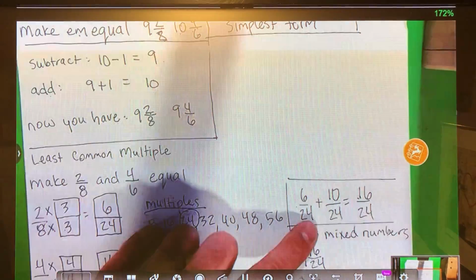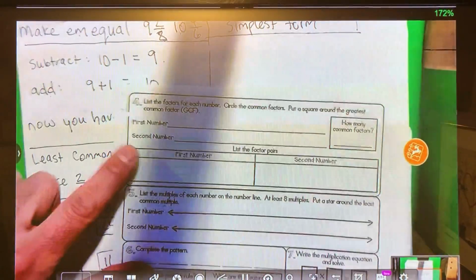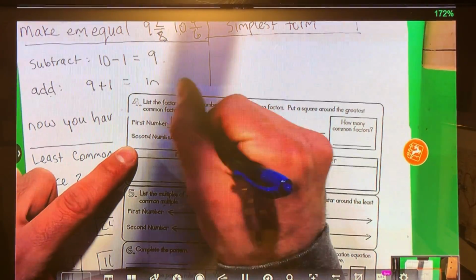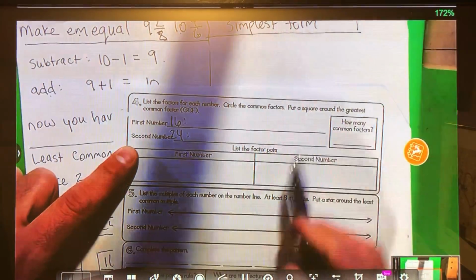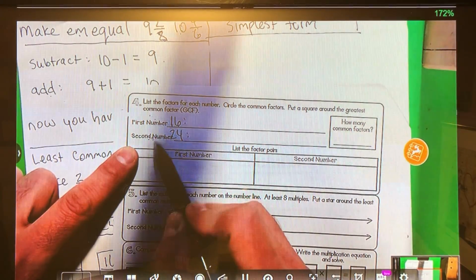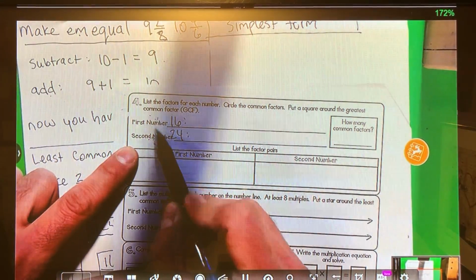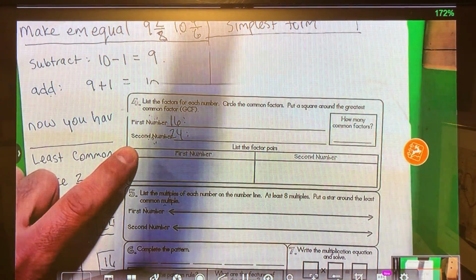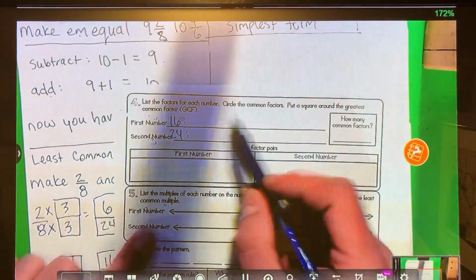And you can look at it in number 4 as 16 24ths, right? You got your first number and your second number, or your numerator and denominator, or your top number and your bottom number, and you can start listing the factors of both of them, or listing the factor pairs.